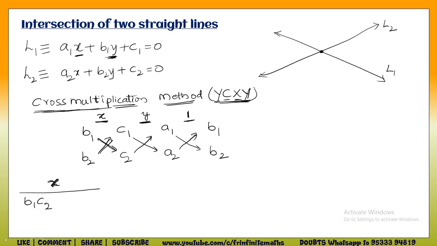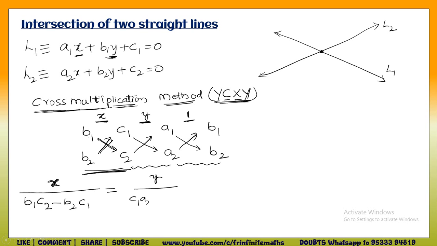In that way, B1 into C2 minus B2 into C1. So you already know how to find the determinant, right? Here we find the determinant of this particular part. The same way we will continue with this part and later with this part. So x by b1 c2 minus b2 c1 is equal to y divided by its determinant.